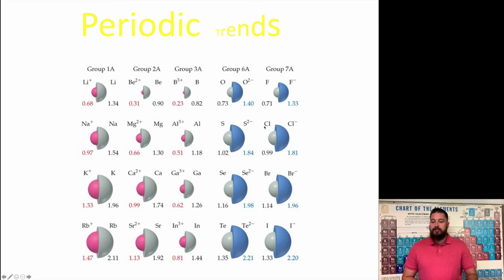Now on this side, this is the atom, but when it gains electrons, it actually gets larger, because those electrons are pushing each other away. So the point here is if atoms lose electrons, they get smaller because they're losing a whole energy level. If they gain an electron, they get bigger because the electrons are pushing each other away.